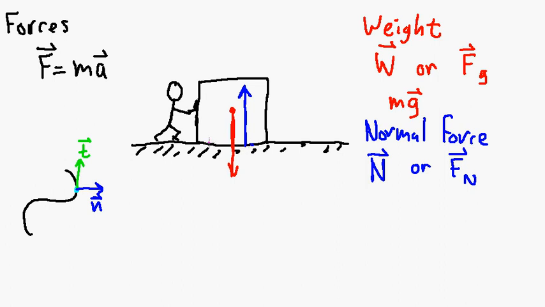So, for example, if this block was moving, say velocity was greater than 0 and it's going that way, so this person is pushing it, then friction would be acting down here and pointing that way. F sub F is how I typically write friction. I'm just going to put labels on all these so that you can see what they are: the normal force, weight, friction.